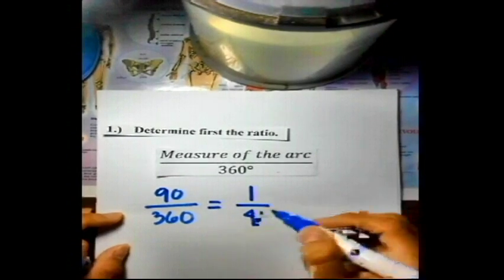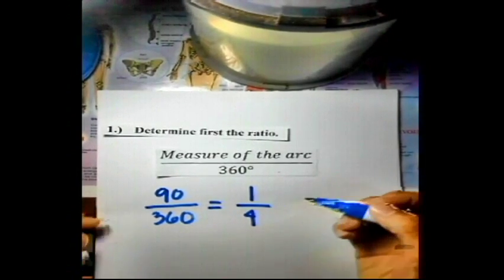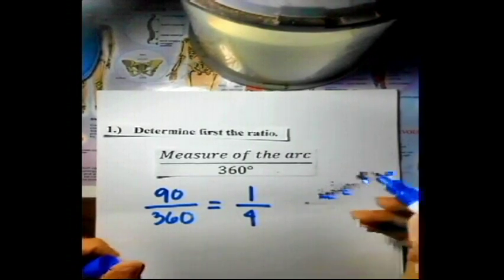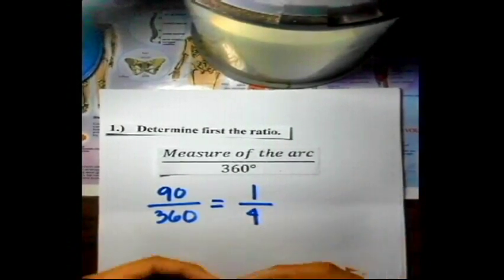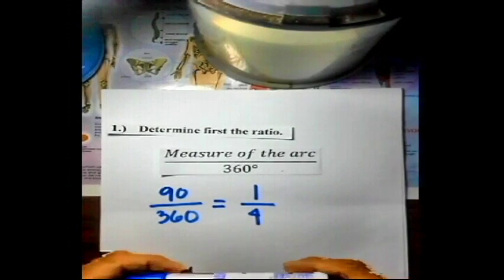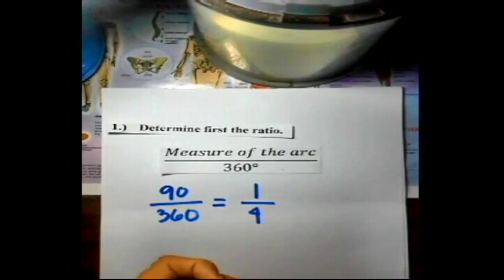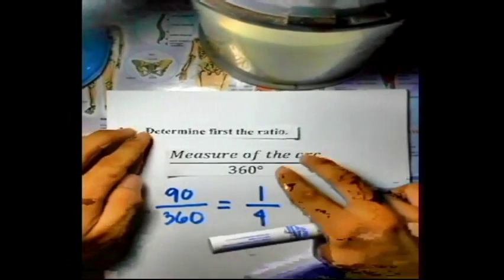Substituting all of our measures into the formula gets the ratio. That is the first step. It's not really going to be that hard for you to process it.